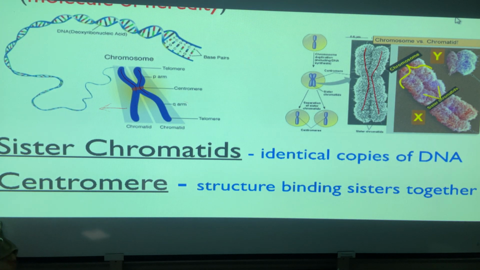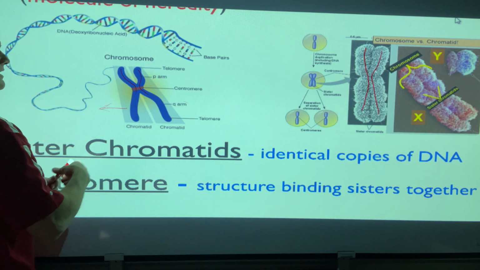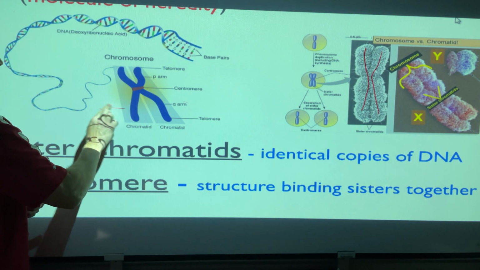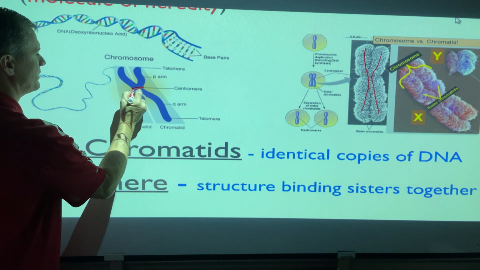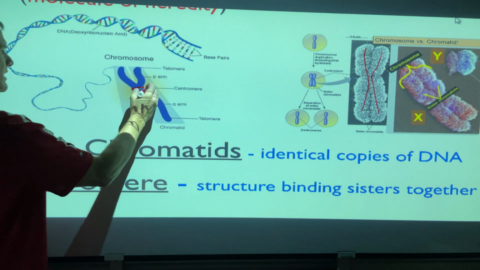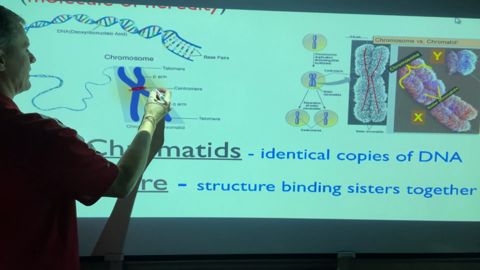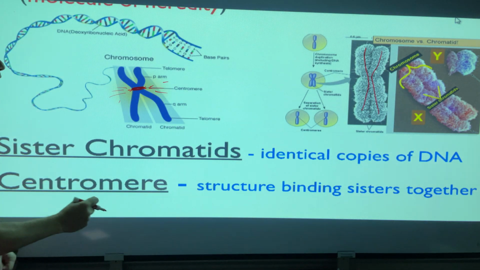Now they're bound together by something called a centromere. So in the middle there's the structure that kind of holds them together. And in drawings you can kind of see it. This one would be right here. Think of it as a belt squeezing two chromosomes together. There's attachment points here that things called spindle fibers will come in and actually start to pull it apart.